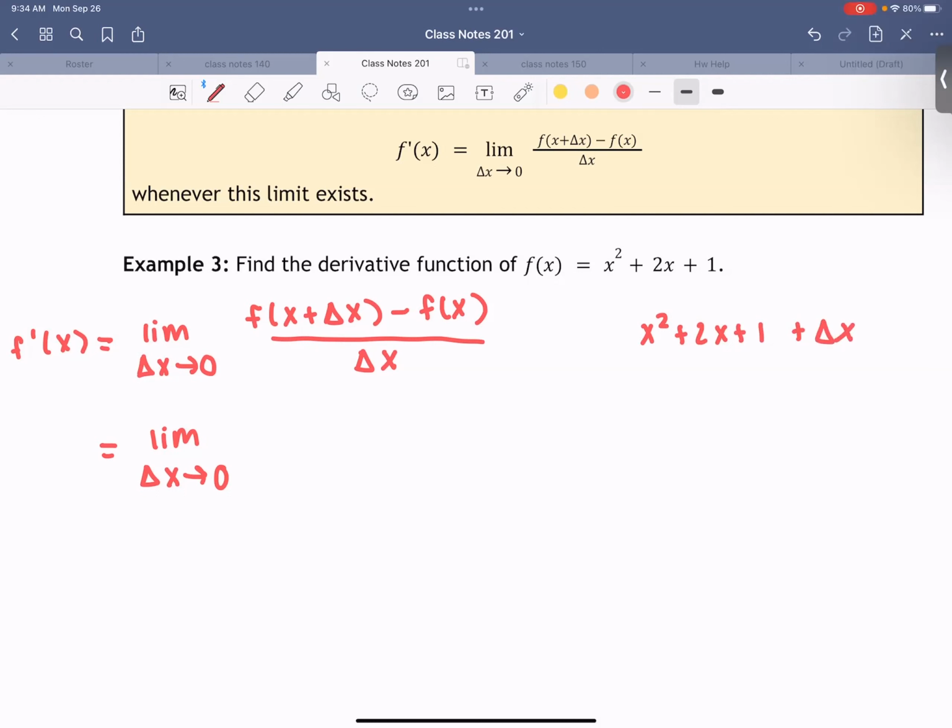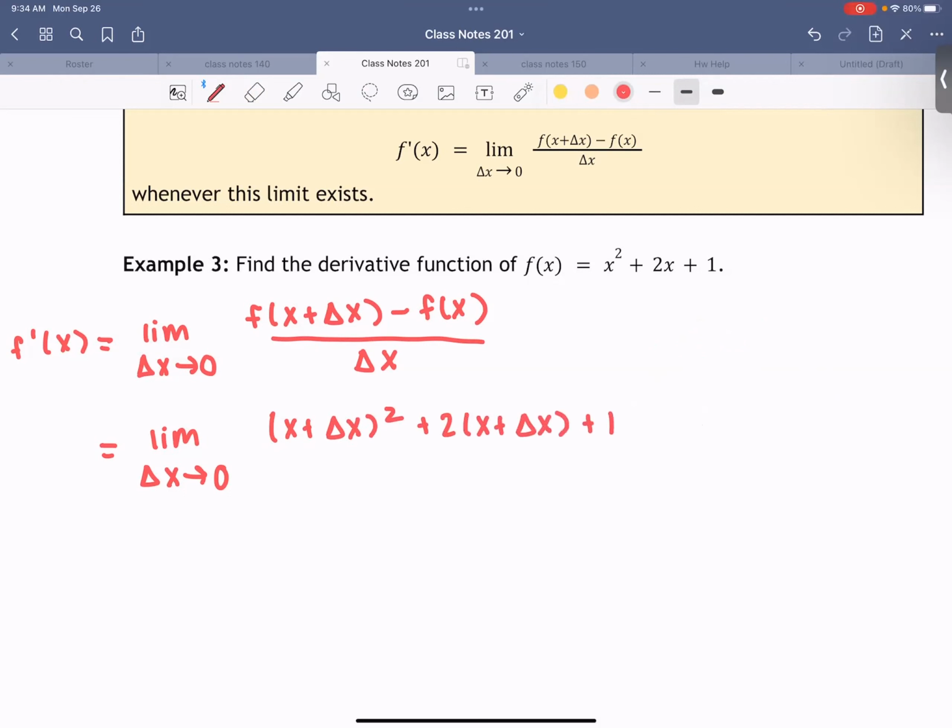What you just found is f of x plus delta x, right? That's a good guess. Michael, did you want to say something? X plus delta x squared plus 2 times x plus delta x plus 1.